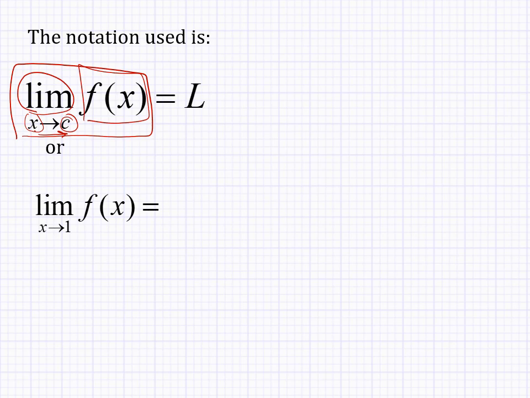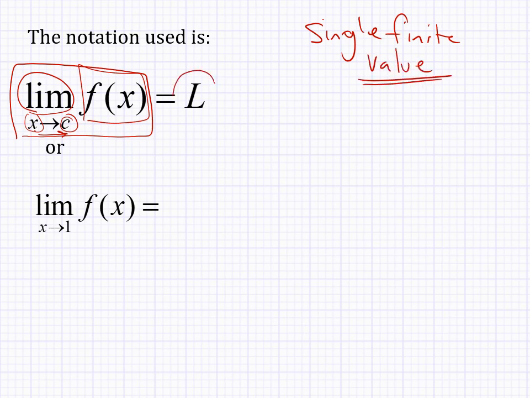And if we are approaching an x value from both sides and the y value is approaching a single finite value, then that value would be the answer for the limit.